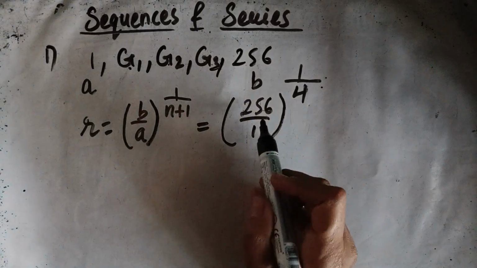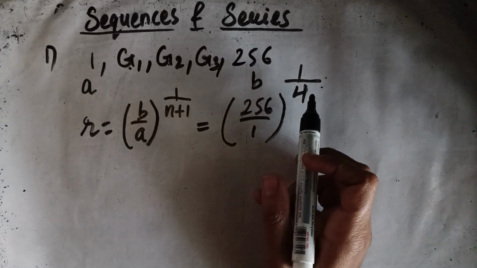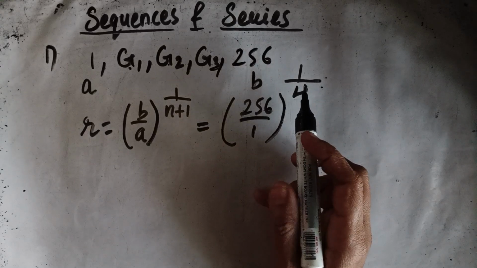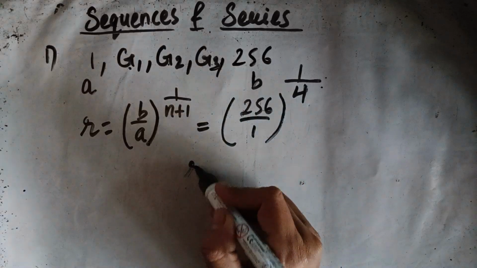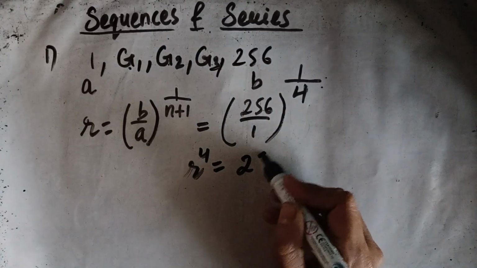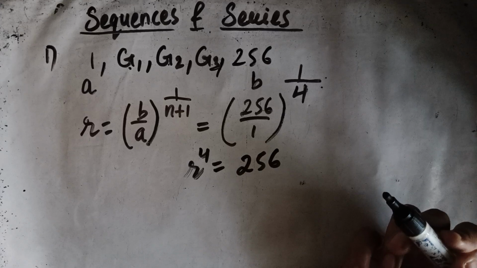Correct? So 256 raised to 1 by 4 is r. So r raised to 4 is 256.